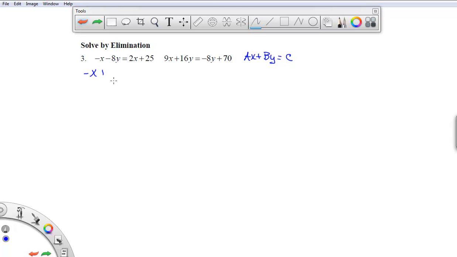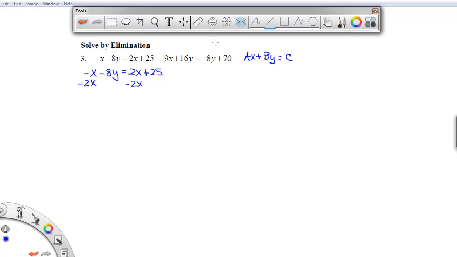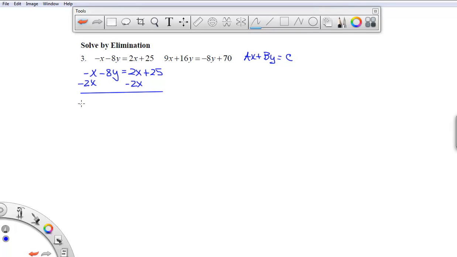It should be a negative 8y equals 2x plus 25. A lot of you made this mistake on the quiz. Instead of subtracting 2x from each side, you added 2x, and then it gave you something really weird, right? So this should be a negative 3x minus 8y equals 25.